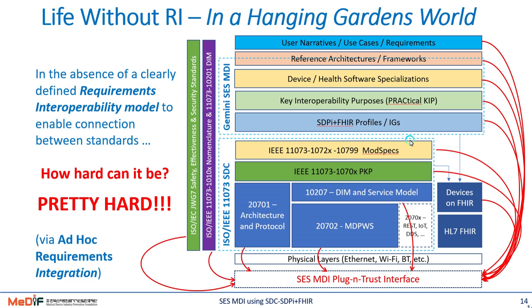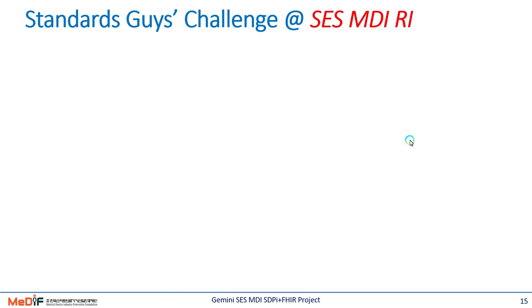In other words, there's no standard way of saying how that maps to the interface. Each company that develops capabilities has to figure it out. That's a lot of work. Every company has to do individually in a unique way. So, standards guys challenge. That's my challenge. Safe, effective, and secure medical device interoperability, requirements interoperability.